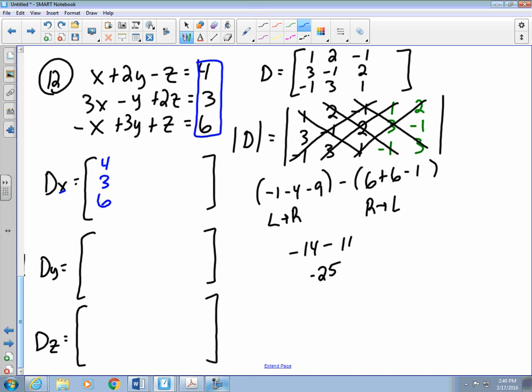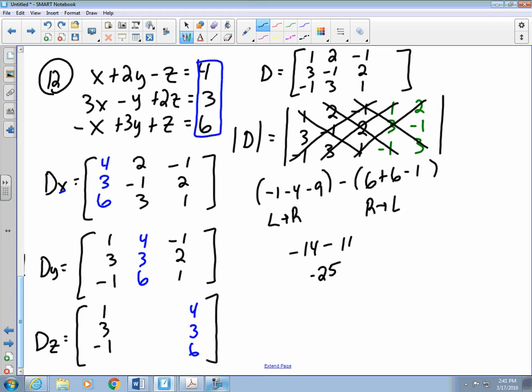Everything else stays the same. For y, the 4, 3, 6 will go in place of the y coefficients, and for z, 4, 3, 6 will go in place of the z coefficients. Everything else stays the same.